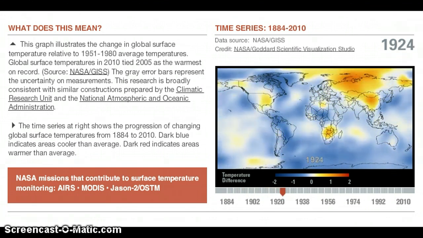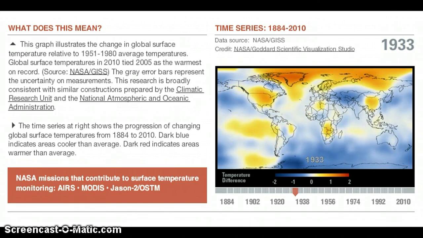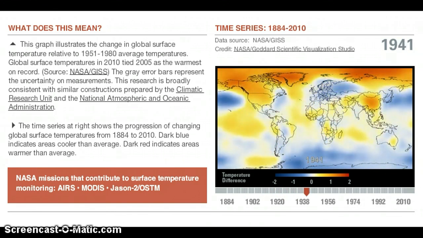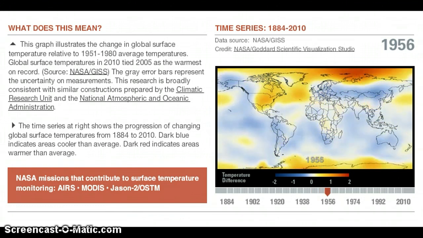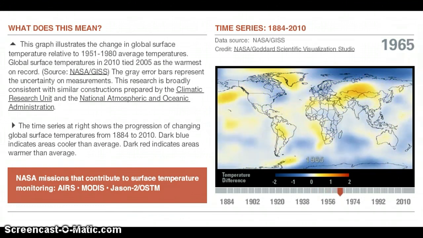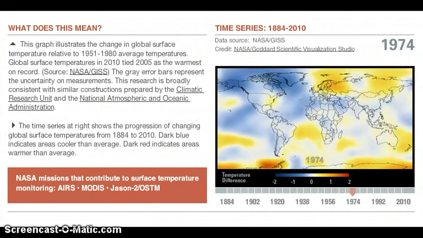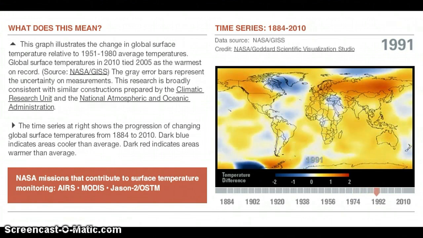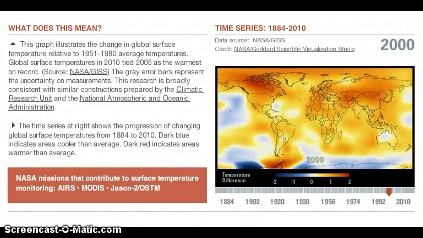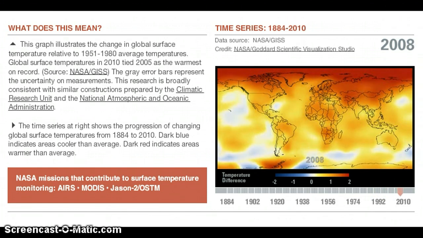So globally, in the early 1900s and late 1800s, you can see that typically either the average temperature was at the norm or a little below, and as we approach 1950 and beyond, you see much fewer local regions that have below average temperatures, and it becomes much more increasingly likely to have above average temperatures across the globe, no longer balanced.